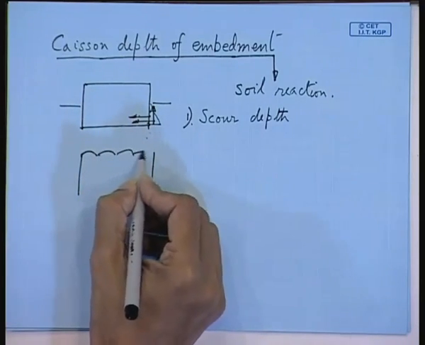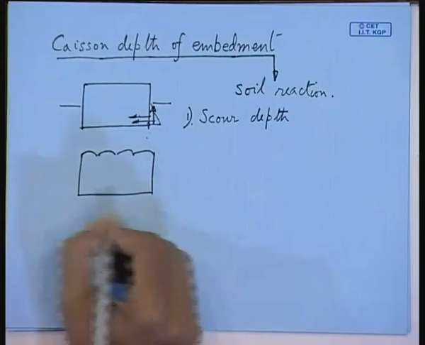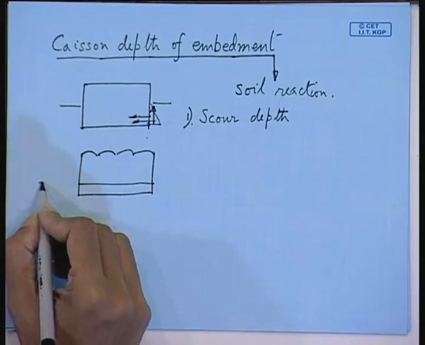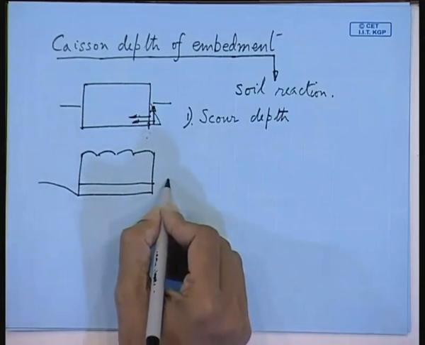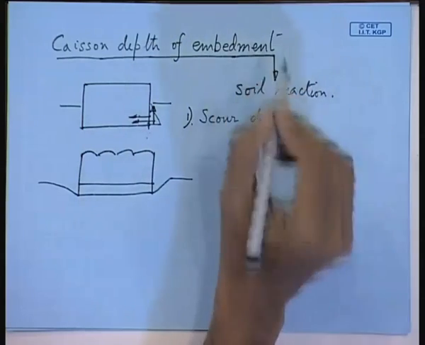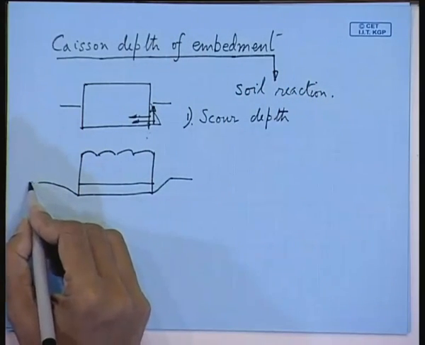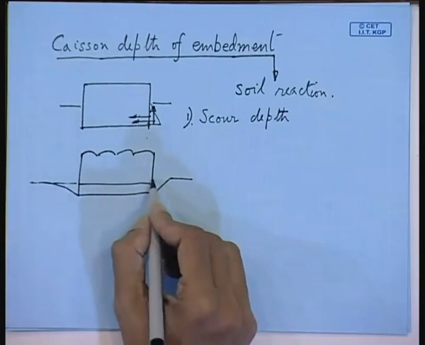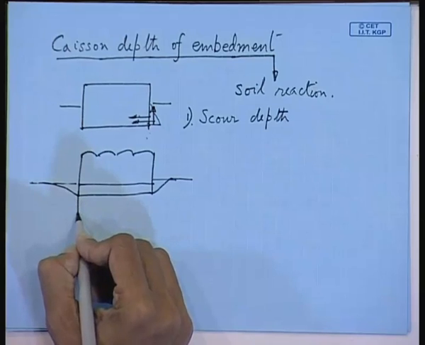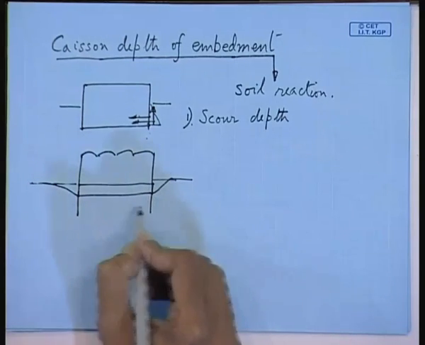What happens is that the soil gets eroded, there is erosion of the soil at the foundation. Now, the depth of embedment is always down below scour level. That means your structure has to go down below scour level.